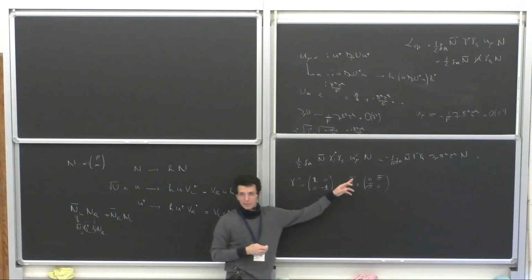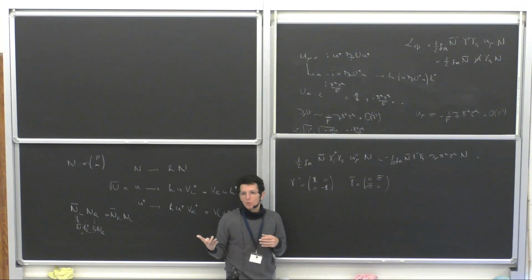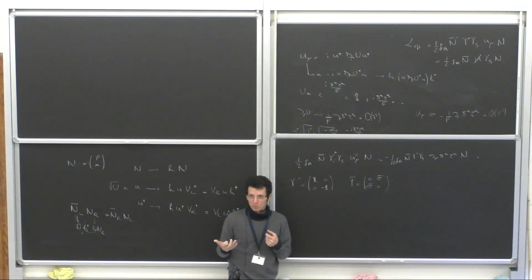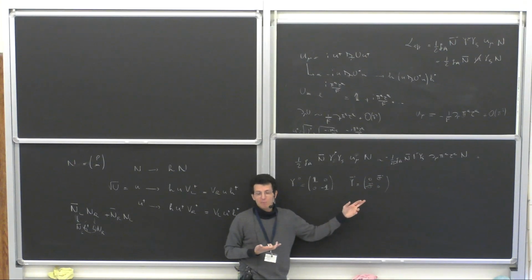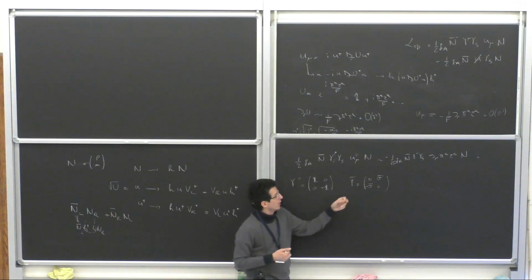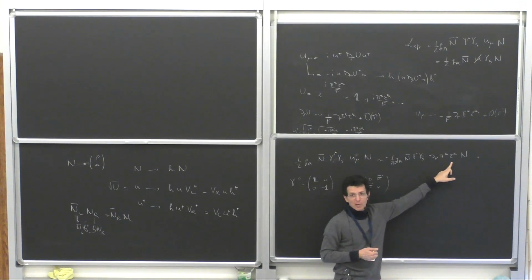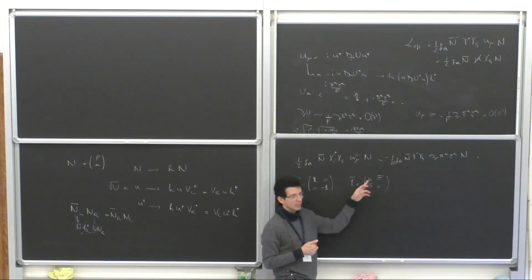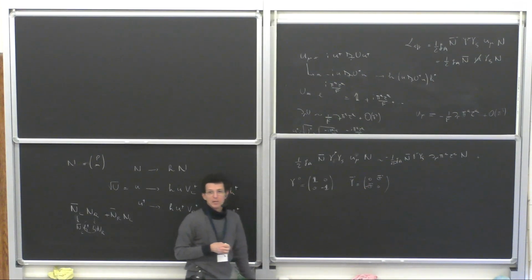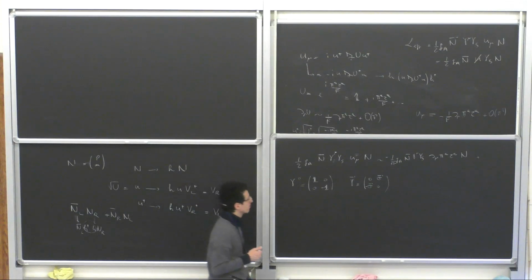Pauli matrices we always have denoted by tau. Here we denote it by sigma because they have to do with spin. This kind of Pauli matrix has to do with isospin, so it is common to differentiate the notation. When talking about spin, they are called sigma. Isospin, they are called tau.